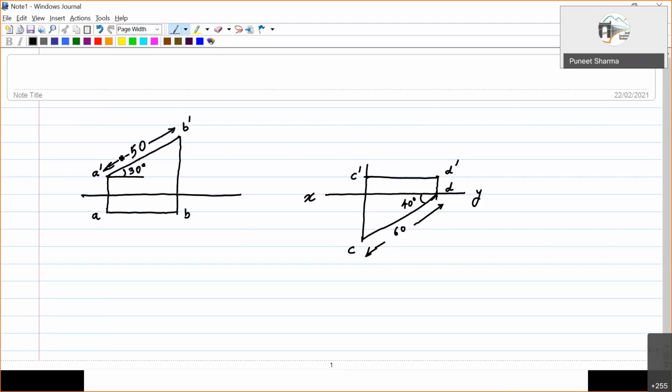So actually what we will have is a reduced length of front view and top view both and some apparent inclinations for front view and top view both with the XY line. Okay, so maybe this case we'll now discuss in tomorrow's class.